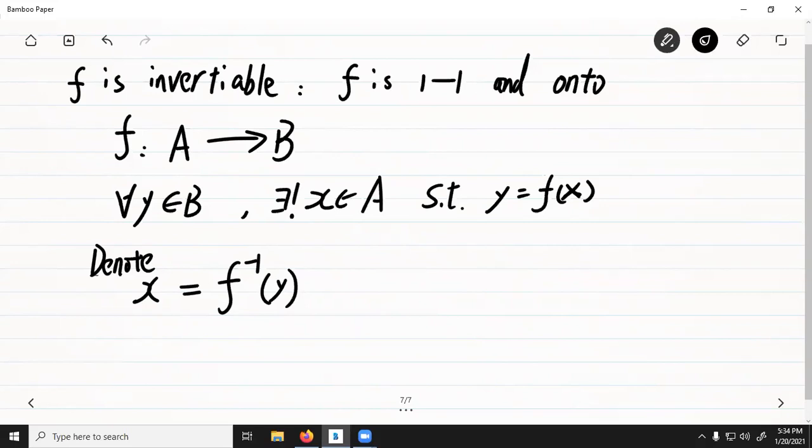Okay. So what is f inverse? F inverse is a function from B to A. And this f inverse is called the inverse function of f.